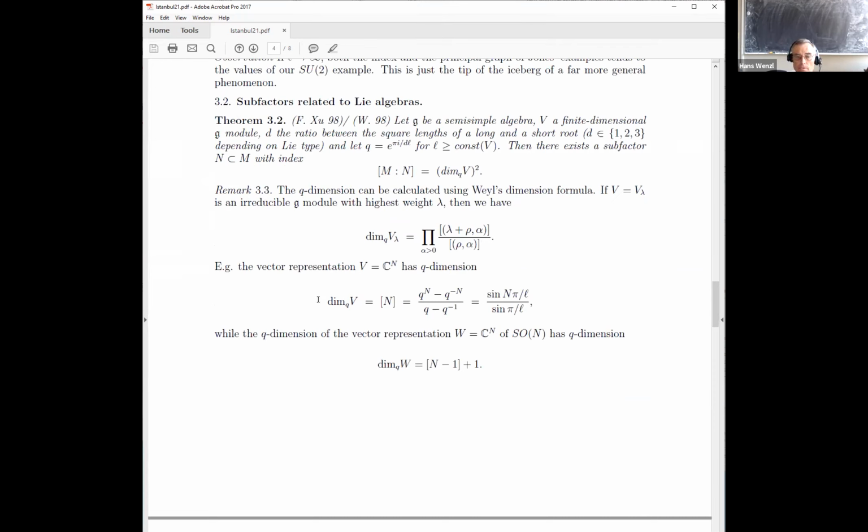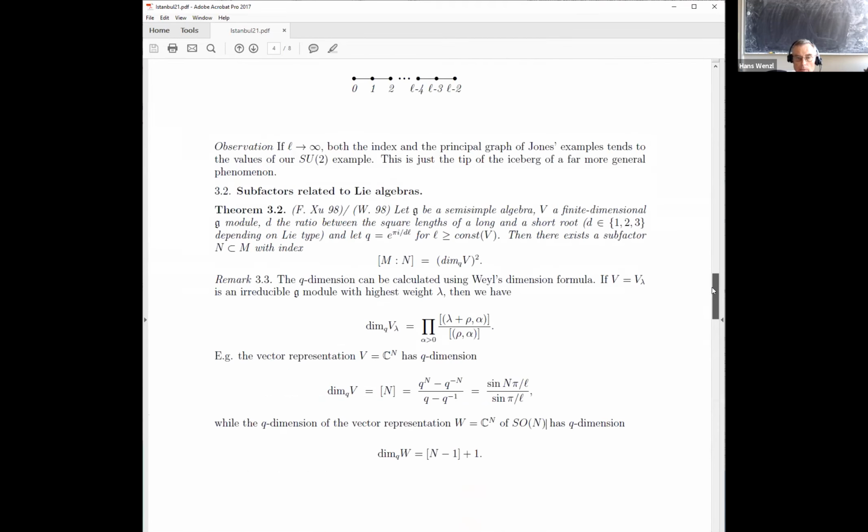And so as an example, for type SU(N), I mean here the vector representation of SU(N), which I forgot to write here, you just get the q-number of N, which can be written as sine N pi over L over sine pi over L. While if you take the vector representation of SO(N), then you get a slightly different q-number. So it's a little subtle here. All this follows from quantum group theory, what these q-dimensions are.